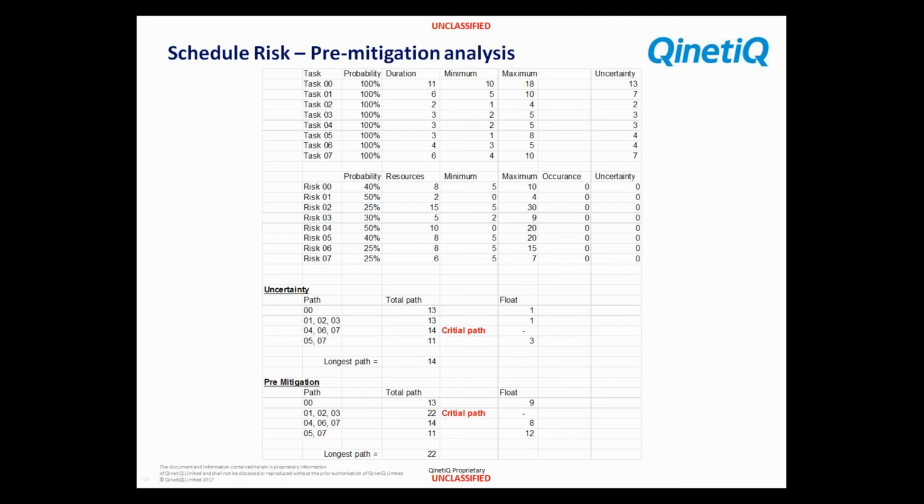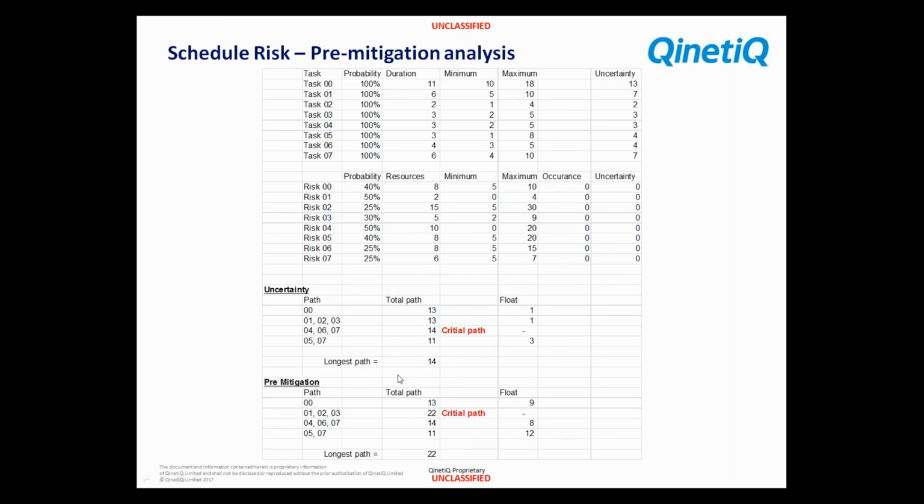So again, we can create our spreadsheet, add to it and develop it, and we can see the risks here. And the risks have a probability, naturally, that is less than 100%. We don't plan to do these activities, but on the occasion when they actually occur, then our network will take longer.